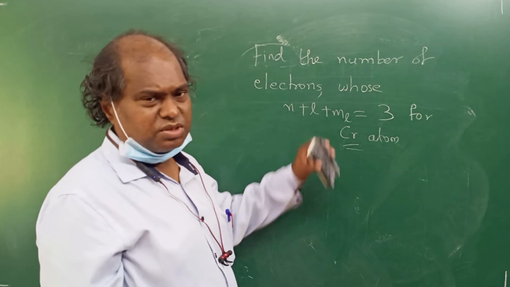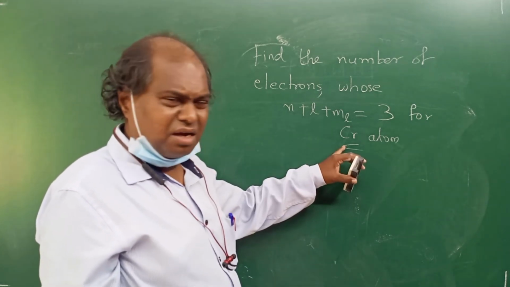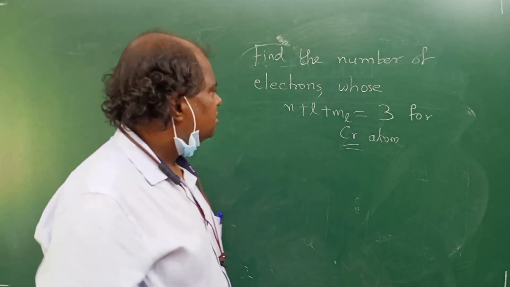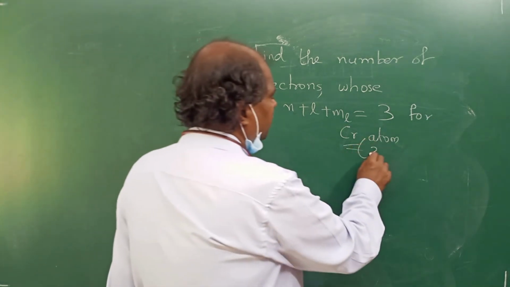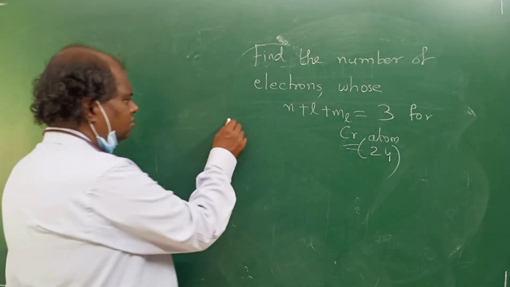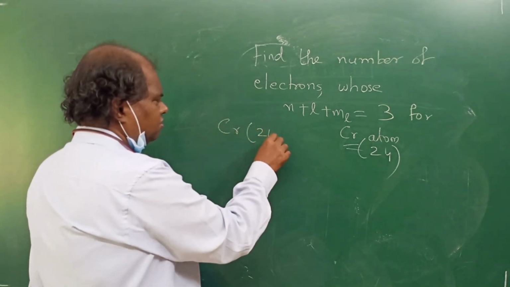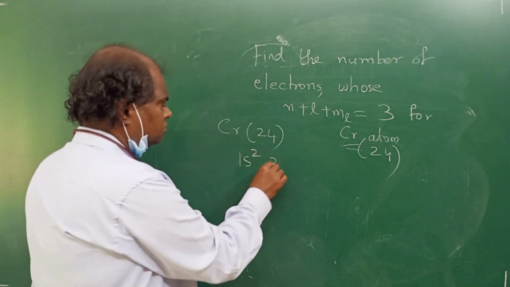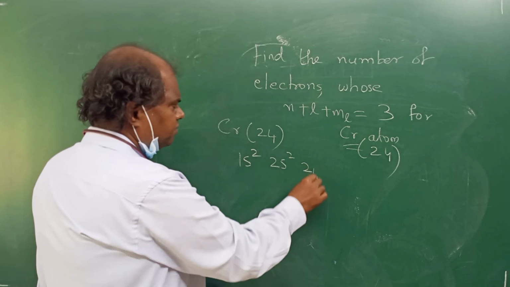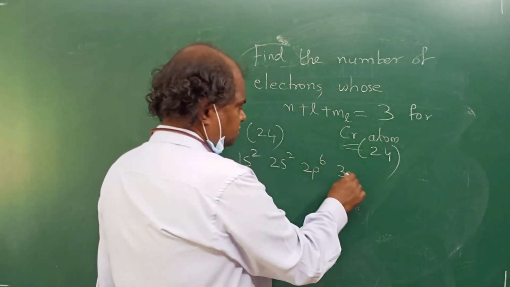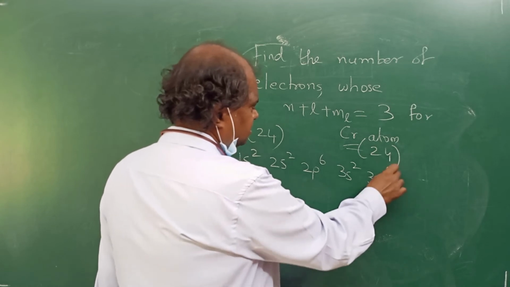Now, why is this question important? Because chromium has a little bit different configuration. The last time we discussed. See, chromium atomic number is 24. So, how do you write this? 1s2, 2s2, 2p6, remember, 3s2, 3p6.